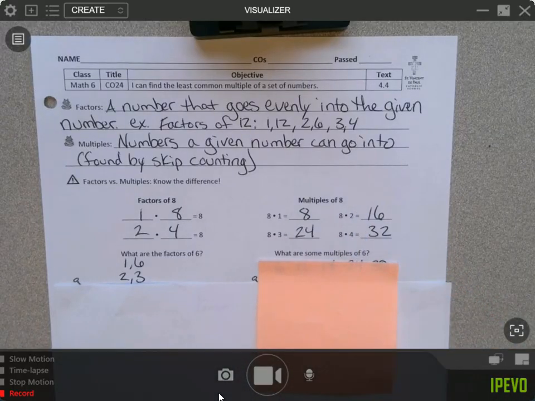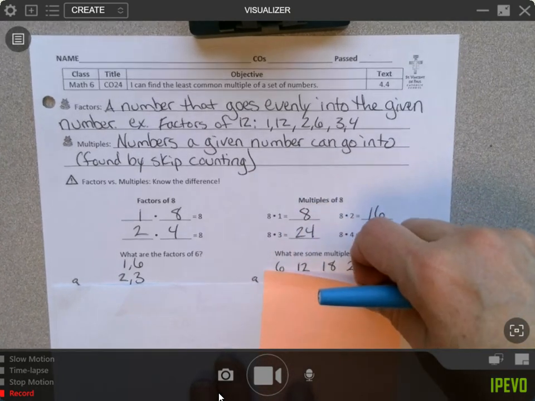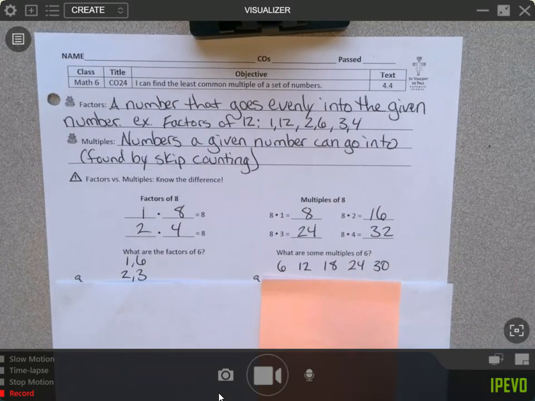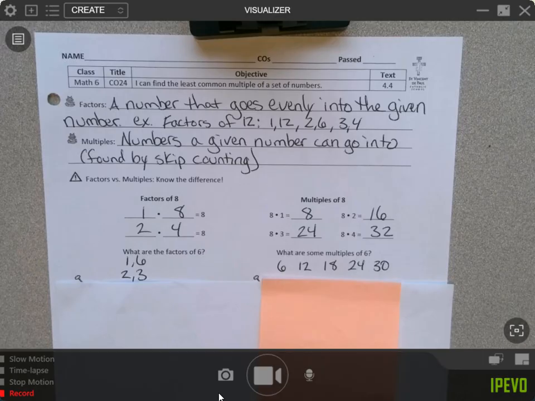So we always start at the beginning. So that would be 6. What would our next multiple of 6 be, James? 6 times 2, which is 12. What's the next one? 18. The next one, 24. Then we have 30. We are multiplying them up: 6 times 1, 6 times 2, 6 times 3, 6 times 4, 6 times 5.